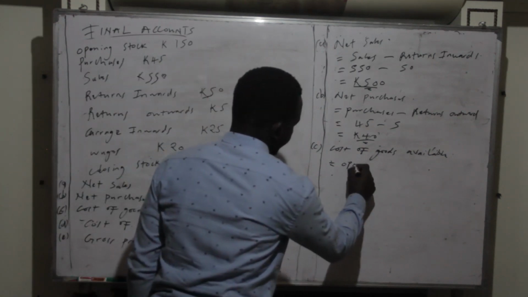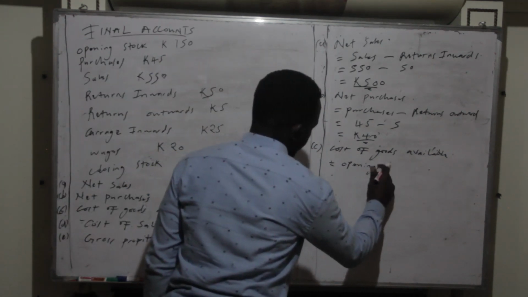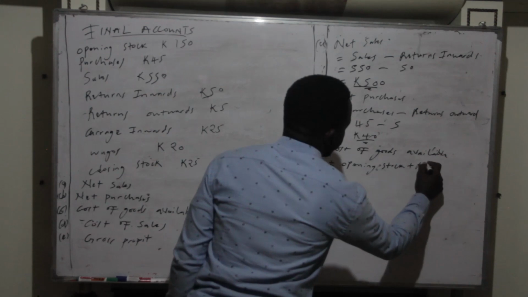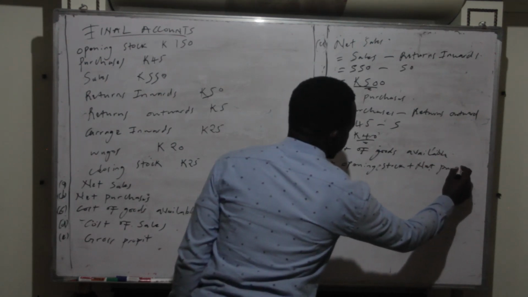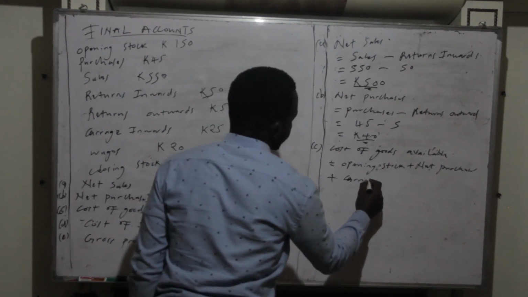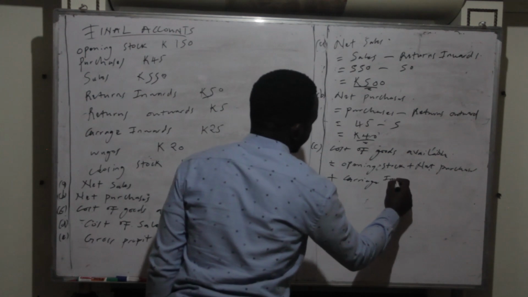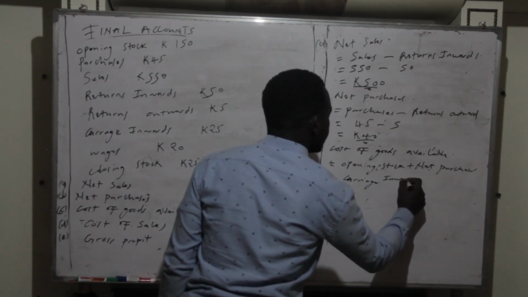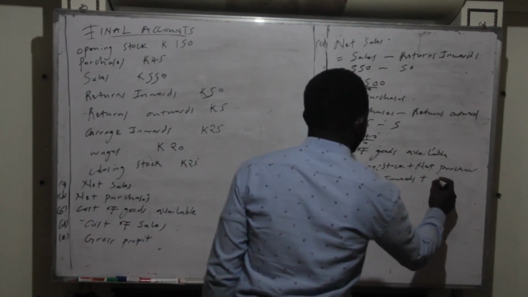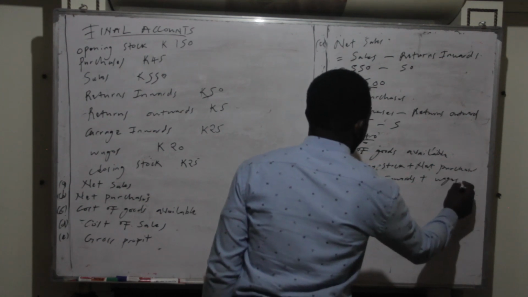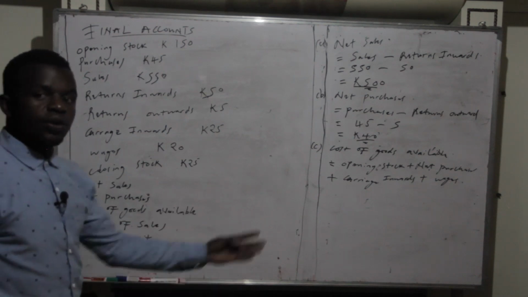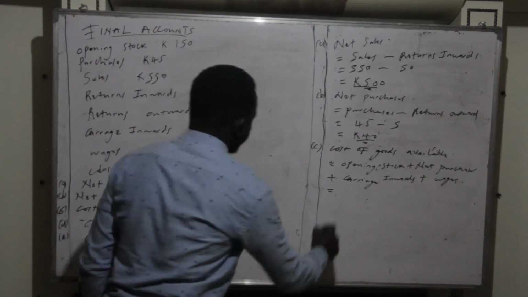We say opening stock plus net purchases plus carriage inwards, then plus wages. So this is the formula that we use: opening stock plus net purchases plus carriage inwards plus wages.